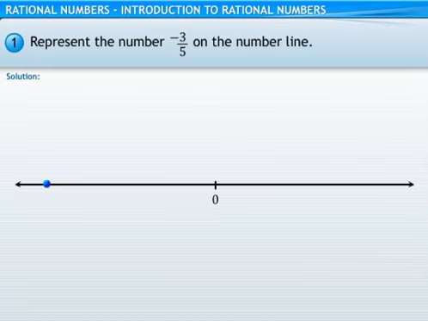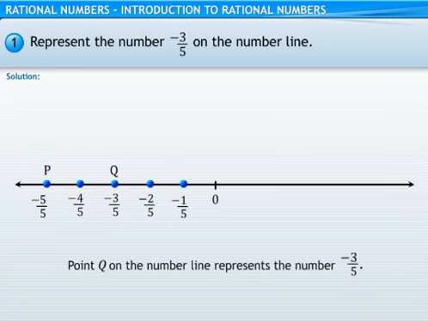This point P represents the point minus 5 divided by 5, which is equal to minus 1. Mark 4 points at equal distances between 0 and P to divide the distance into 5 equal parts. Point Q on the number line represents the number minus 3 divided by 5.